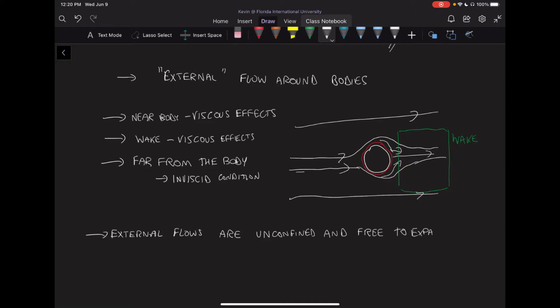So they have unlimited room to expand, and that means they don't get compressed in any way in the bigger picture far from the body.